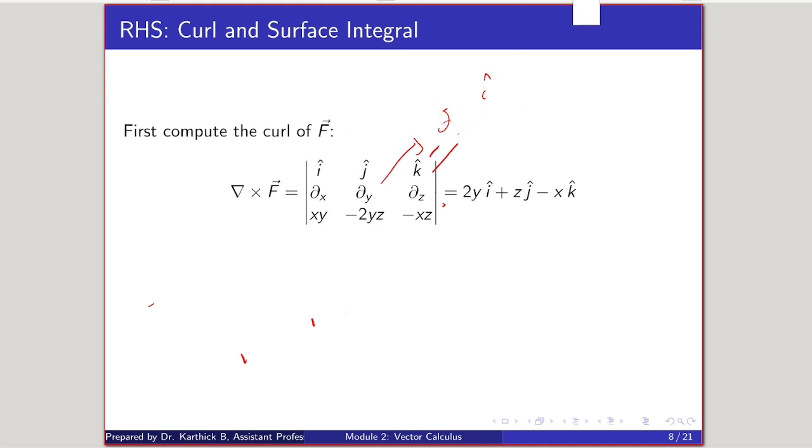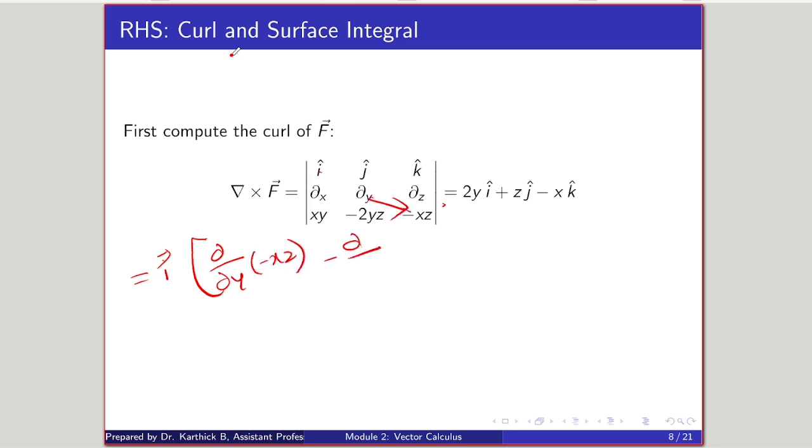While going for the determinant, we have to fix the entity and leave the corresponding row and column. So first i vector: if I fix this, I will leave this column and this row. So here it will be dou by dou y of minus xz, minus of dou by dou z of minus 2yz. Then I go for j; there I will put minus j. Here I will leave this column and this row.